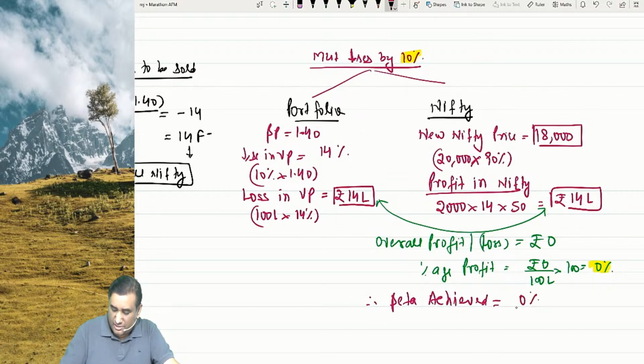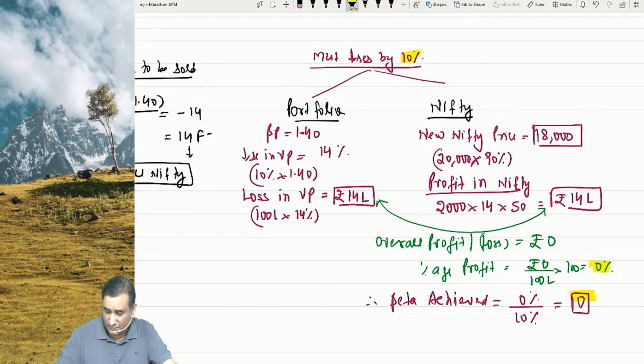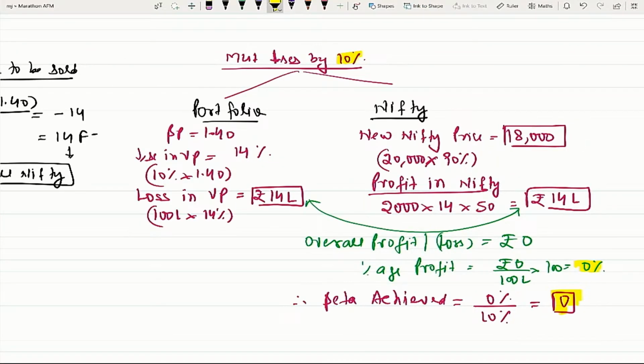This is called beta management. It's not that your portfolio is away from impact, but in such a way that the decline is nullified.